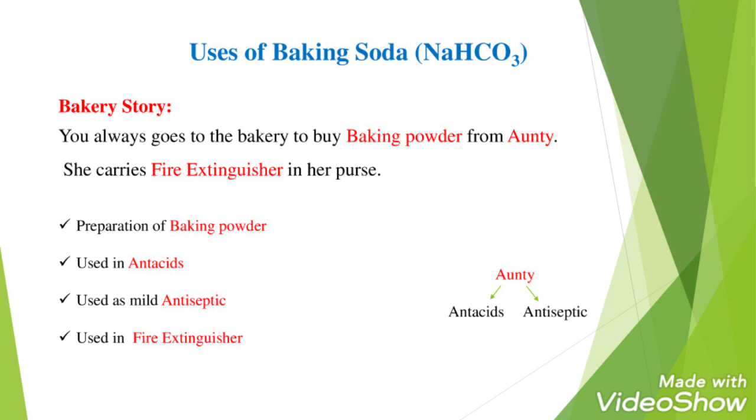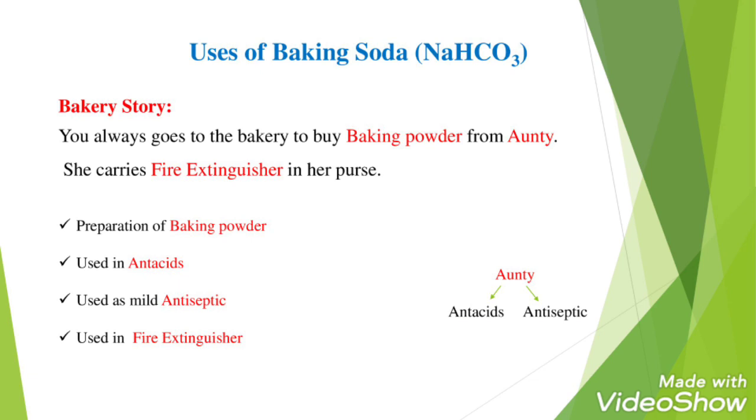From this, what are the keywords? I marked them with red pen, shown in red color. Baking powder, auntie, fire extinguisher. So uses of baking soda: it is used in the preparation of baking powder, it is used in antacids, and it is used as an antiseptic.